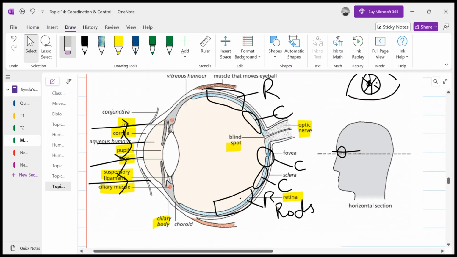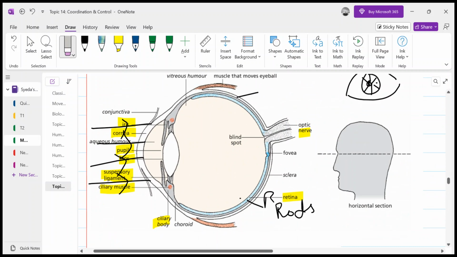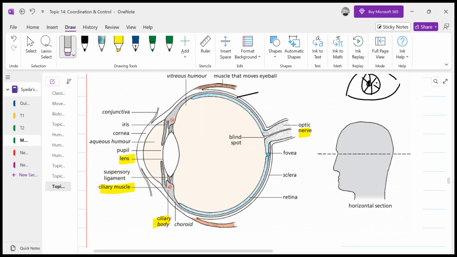Now, see this diagram carefully. This is the lens that is actually replaced during a lens surgery. Okay, and these are the iris muscles. This is the iris, right? And this is the lens.